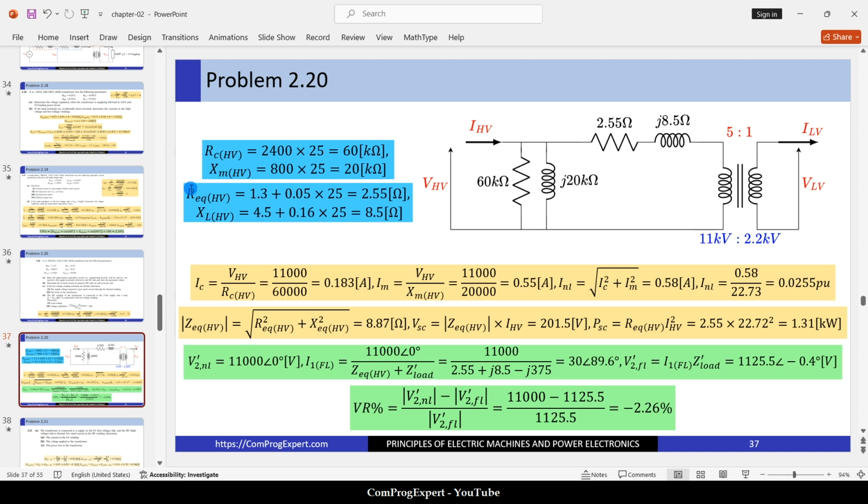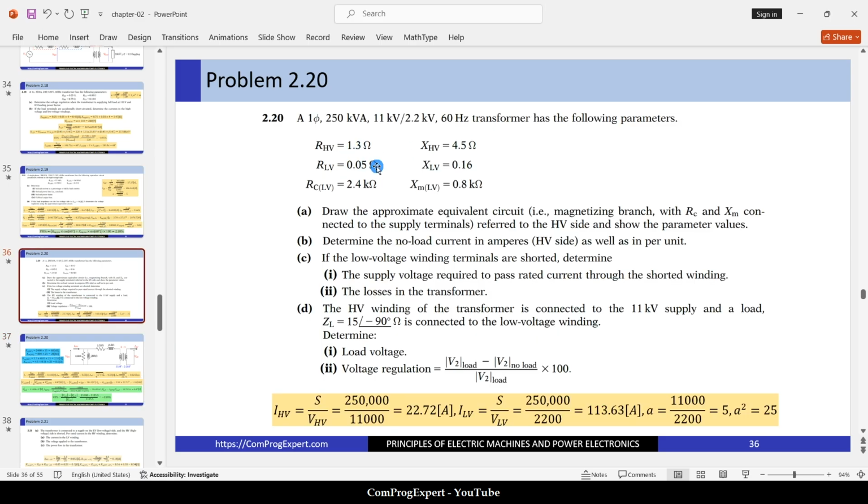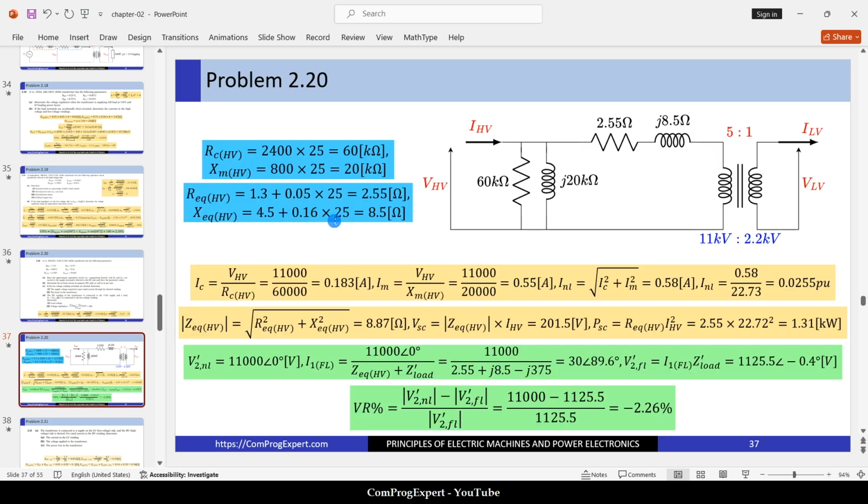How can we calculate the R equivalent and X equivalent? Yes, this is a better name. Similar to the previous problems, this is 1.3 plus this number times a to the power 2, 25. Our R equivalent is equal to 2.55 finally.